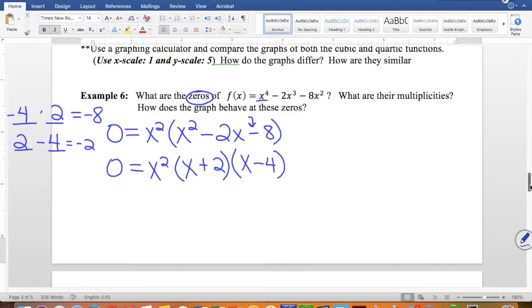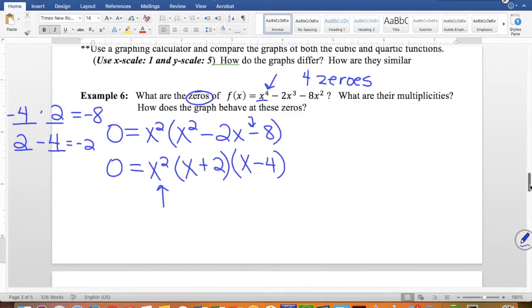Noticing that these are zeros, and it's a quartic function, how many zeros should I have in a quartic function? I should have 4 zeros. We should have 4 solutions because of my leading degree of 4. Well, I only really have 3 terms here that multiply to 0. But notice one of my terms has an exponent of 2.